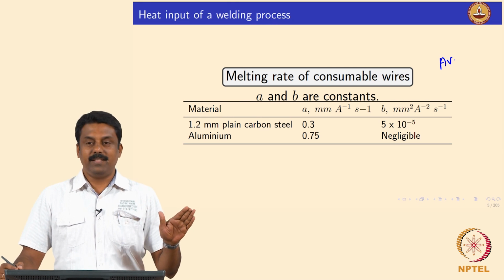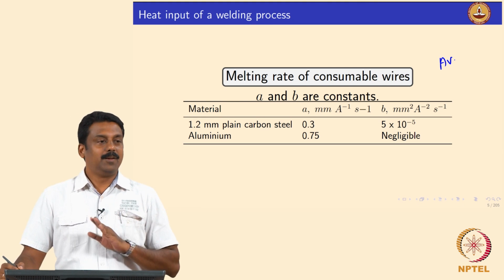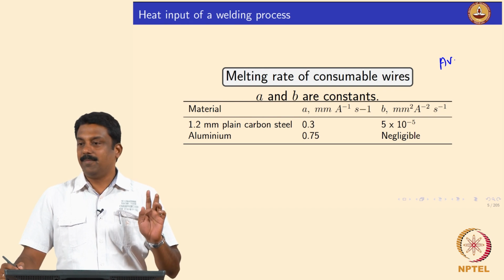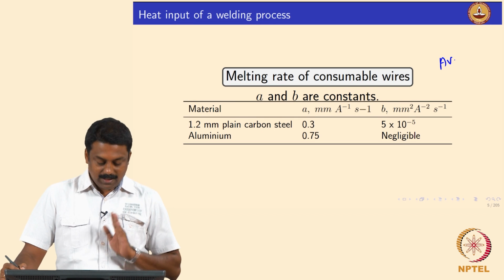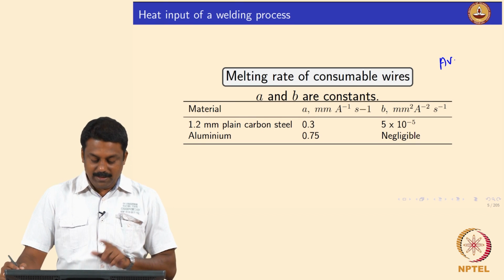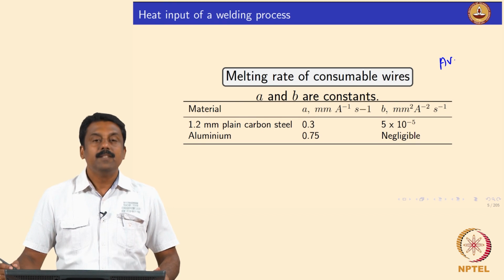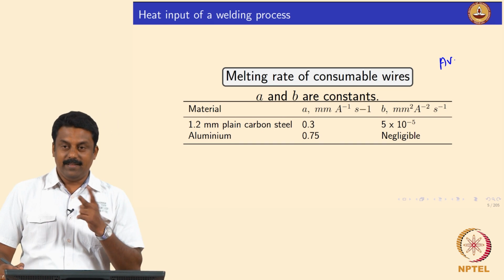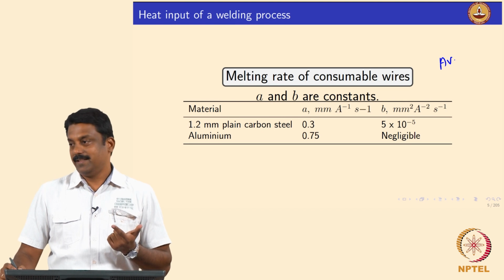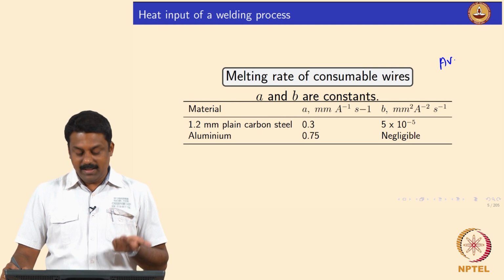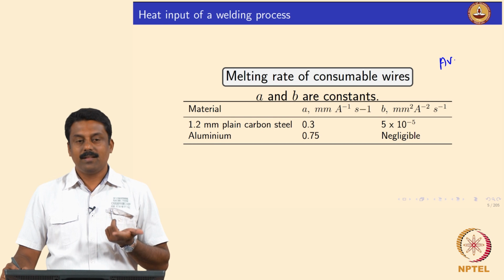The process is fixed, GMAW, argon atmosphere, so the heat generation is fixed, right. A is fixed and B is fixed, and only two parameters you can vary, stick out length and current, to change the melting rate, right.